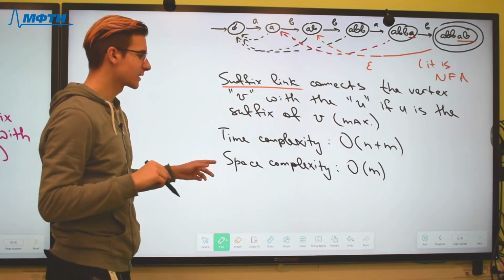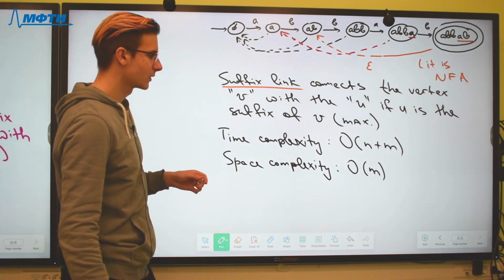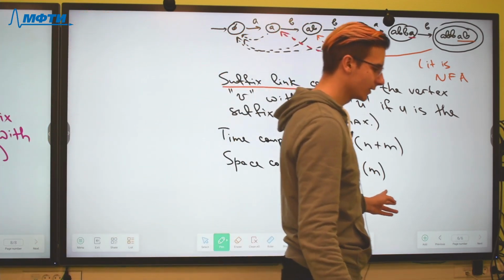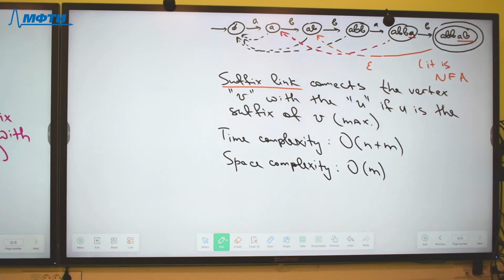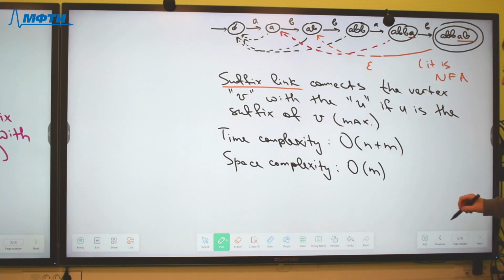And of course, space complexity is still better than the naive algorithm because usually m is less than n. So it's about the Knuth-Morris-Pratt algorithm.